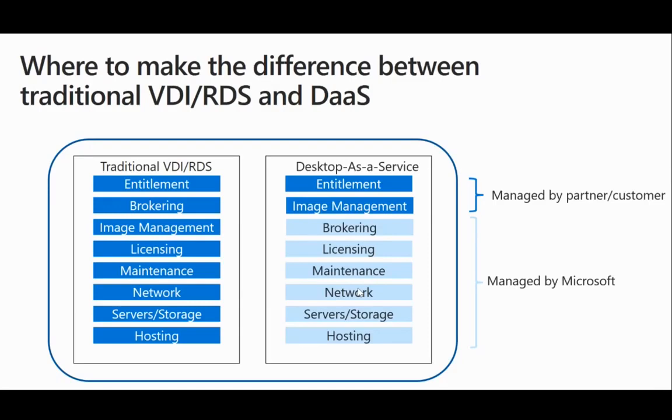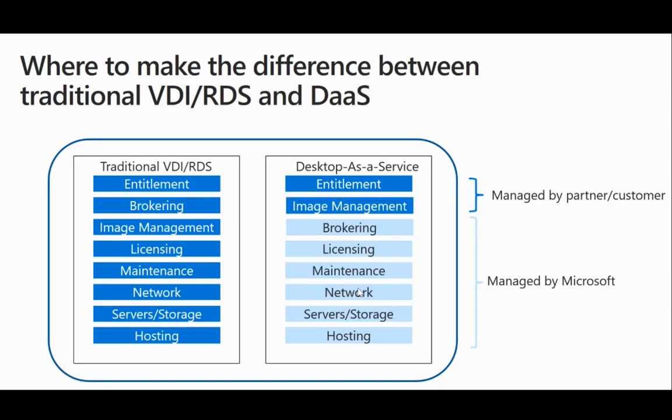So imagine you have a Windows Virtual Desktop hosted on cloud, and if you are aware, Windows Virtual Desktop needs a web application gateway, a load balancer, and a broker. All these services are managed by Microsoft as a PaaS, a platform as a service environment.